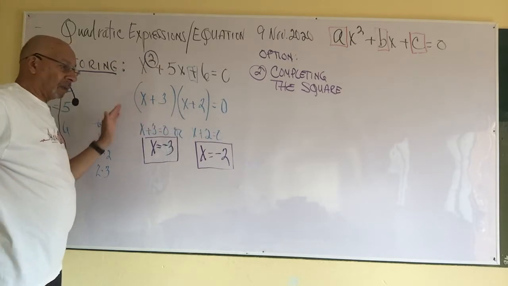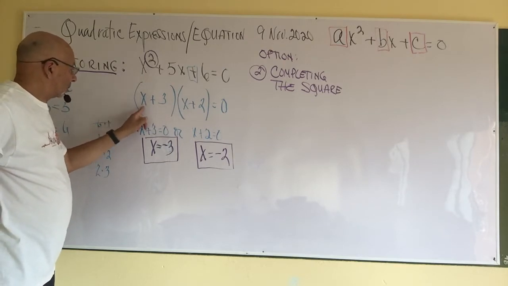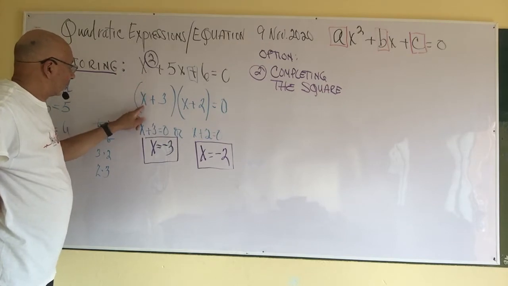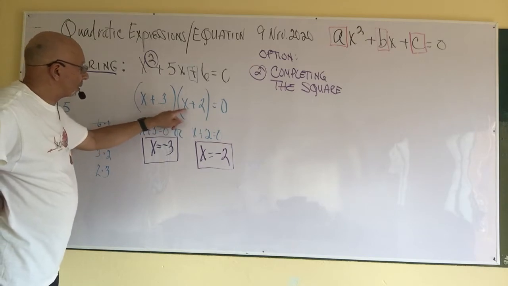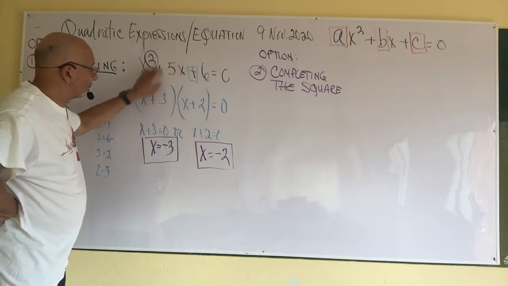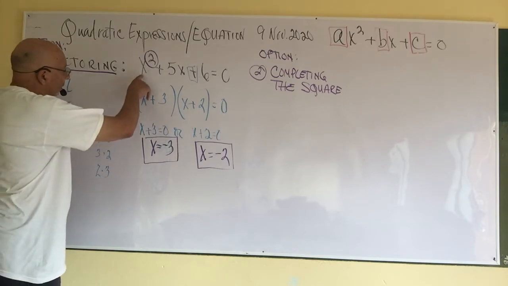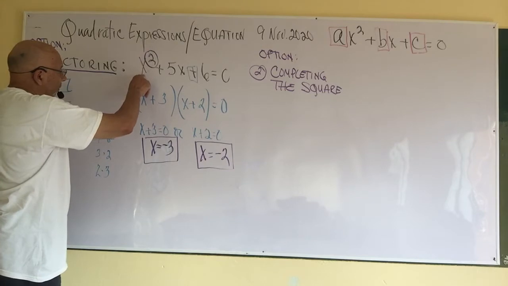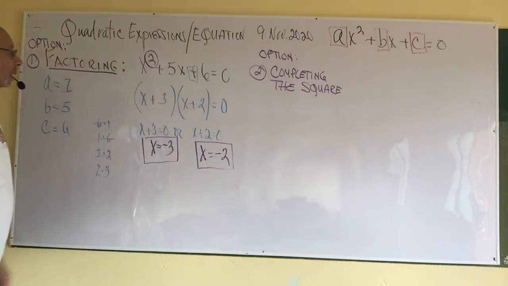If I think in reverse of my distributive property, the first term times the first term makes the first term, and the first term times the second term and the second term times the first term is where the middle term comes from. So I have to think of two factors that will make x squared. That's x and x, so that's easy.